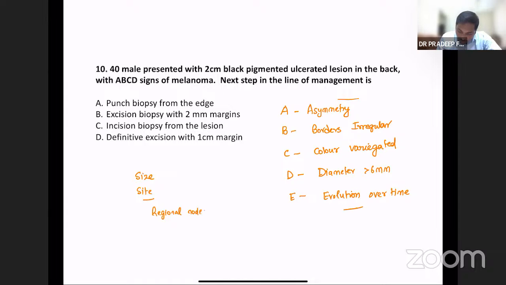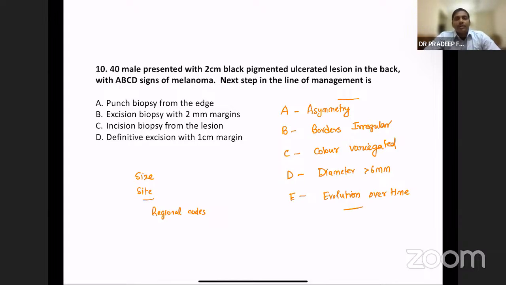If there are obvious bulky nodes, that means it is more likely to be a skin melanoma rather than a non-melanotic lesion. So when the size is up to 2 centimeter, you can very well go for an excision biopsy. When the size is more than 2 centimeter, you have to take an incision biopsy or a punch biopsy.